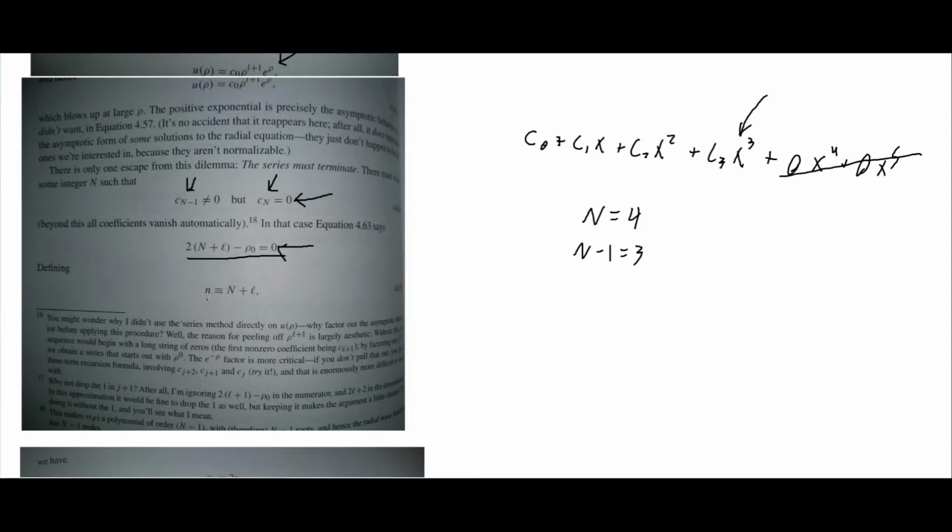And then we are just defining this big N, this uppercase N plus L, as being this lowercase n, which, if you kind of know where we're going, you know that that is our principal quantum number. And we'll talk a bit more about how that works probably in the next video.